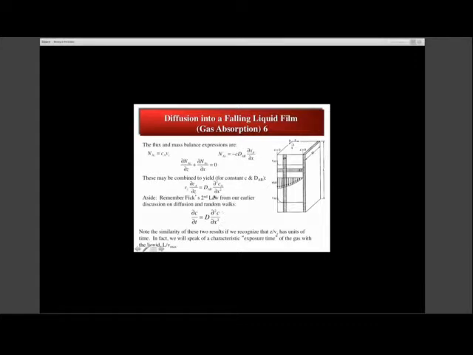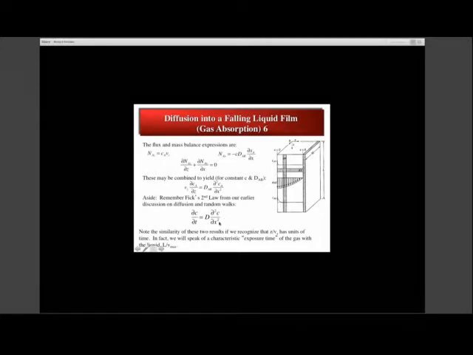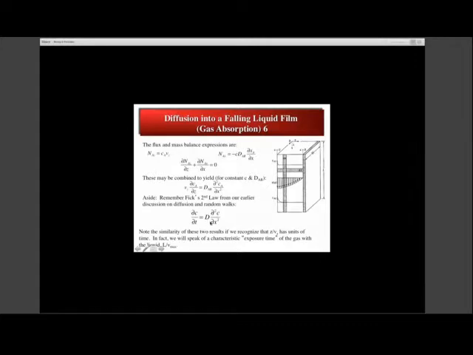And I want you to note the similarity between these two expressions. In fact, the right-hand side of this expression looks very much like the right-hand side of this one. And the left-hand side looks very similar also if you note that the velocity divided by z has units of time. And so the units of vz dCa/dz are exactly the same as the units of dC/dt.